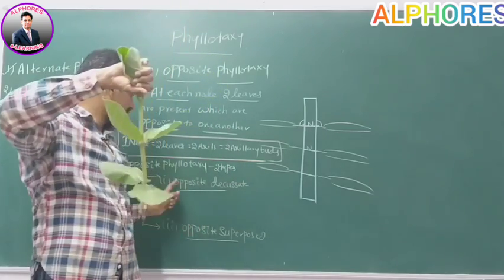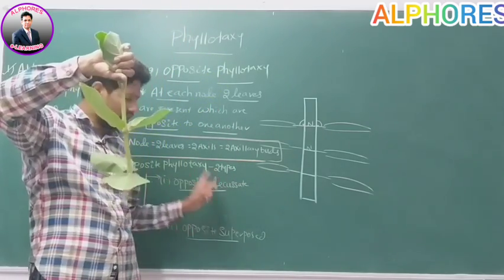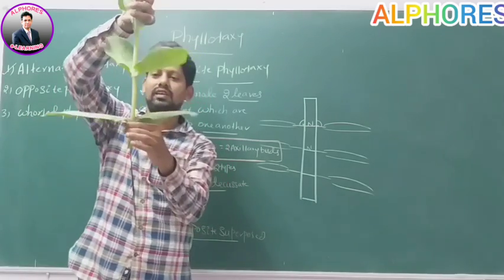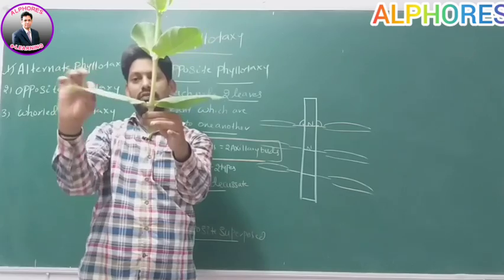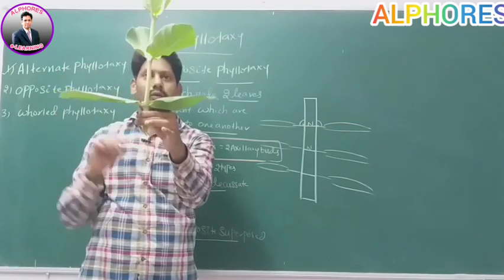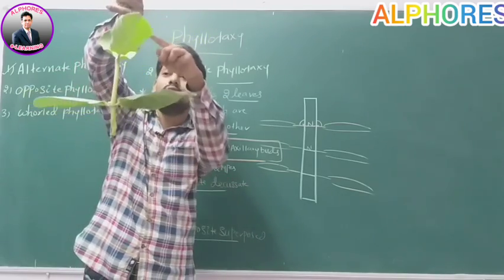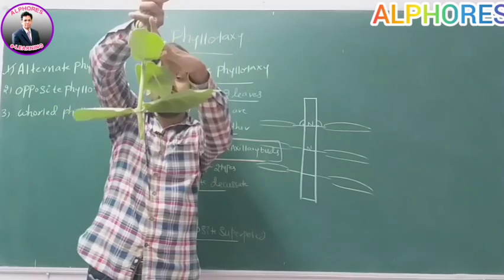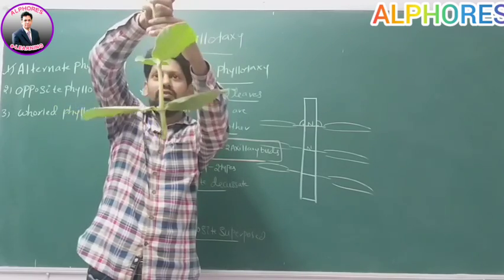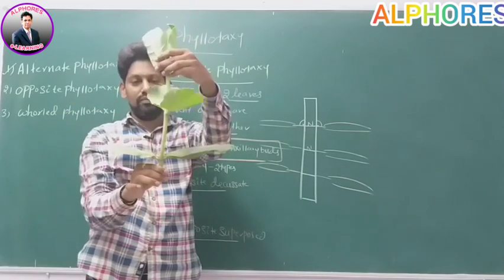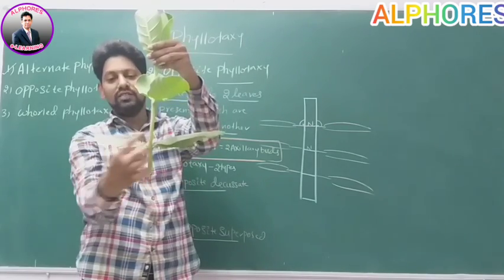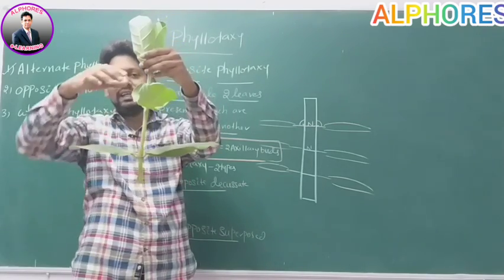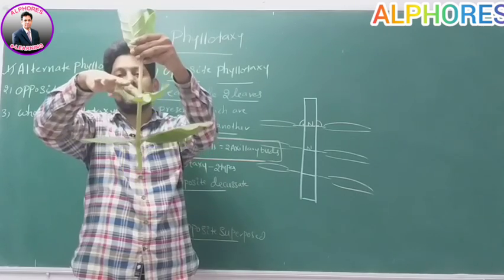Now, we are discussing opposite decussate, right? Listen to the statements carefully. These are 2 leaves present at one node. These are 2 leaves present at another node. See it carefully. 2 leaves present at one node are at right angle to 2 leaves present at the next node.